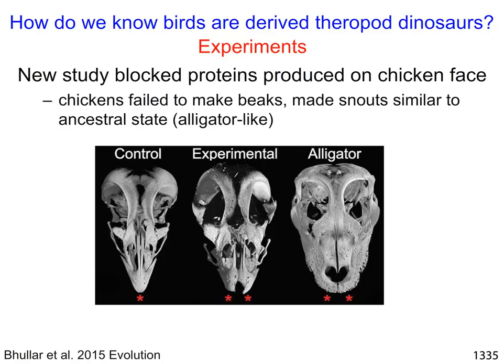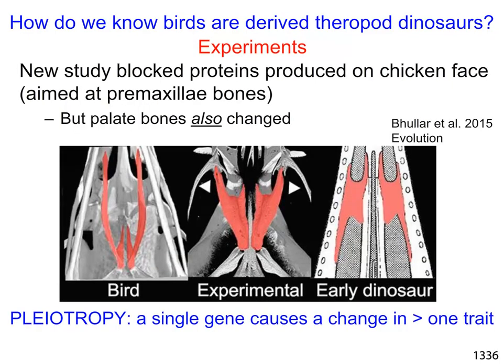And so this in itself is just fascinating. Just think about it. Blocking some proteins would actually alter their face so much that they would no longer have beaks. Now, in this study, once they blocked these proteins, not only did it change the face by no longer making a beak, but it actually changed the palate bones. Okay, so the palate changed as well, making them much more similar to an early dinosaur.